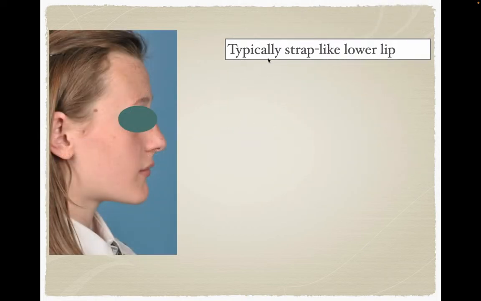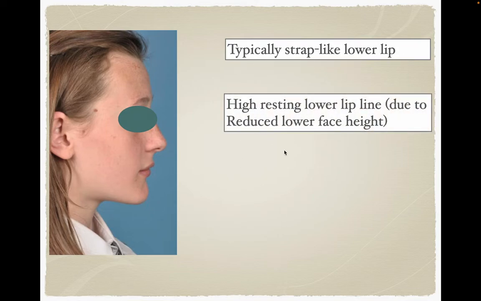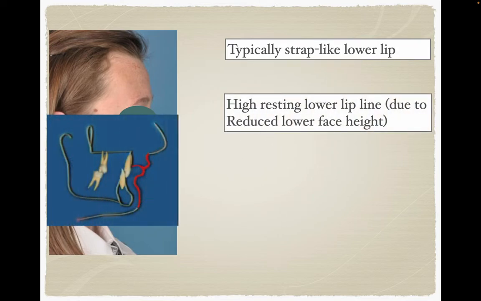As we said before, the lower lip will be a strap-like lower lip, causing retroclination of the upper and lower central and lateral incisors. They will have a high resting lower lip line, because we said most of them have reduced lower facial height, and this explains what we mean by a high resting lower lip line.